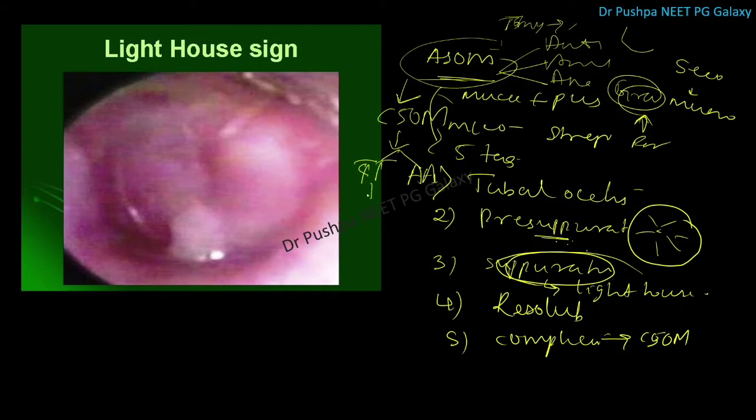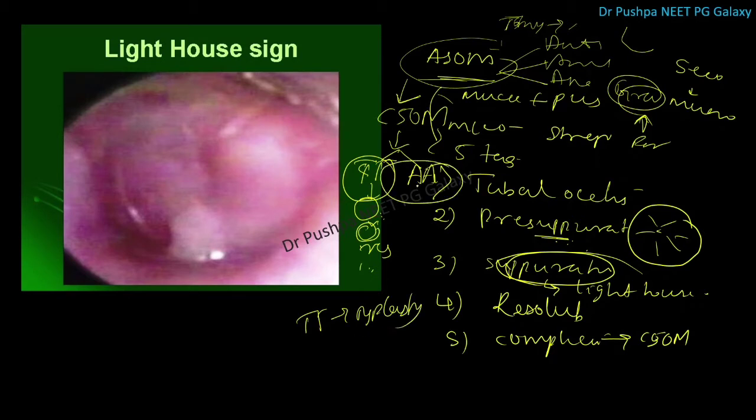The tubotympanic is safe CSOM because there will be central perforation with mild damage to ossicles, and the basic anatomy of the ossicles is preserved. Here there is no impairment of ossicles. So the line of treatment for tubotympanic type is tympanoplasty.